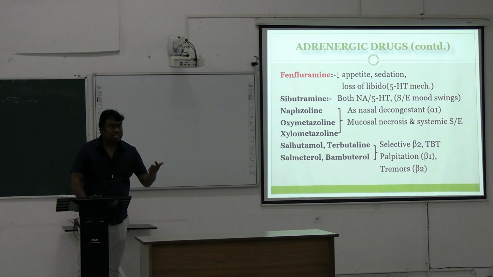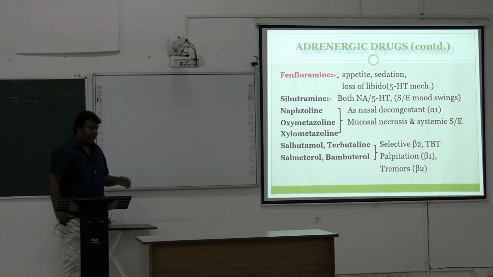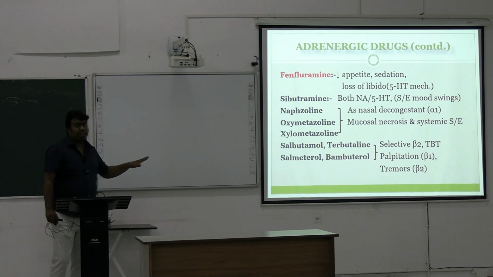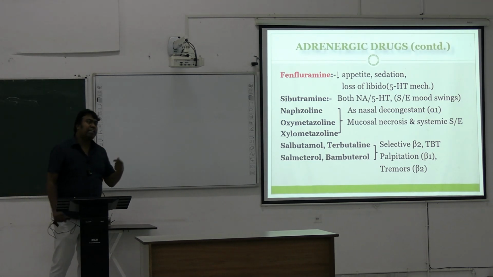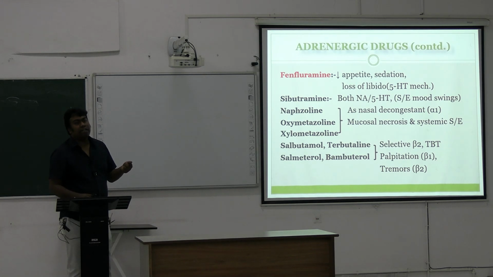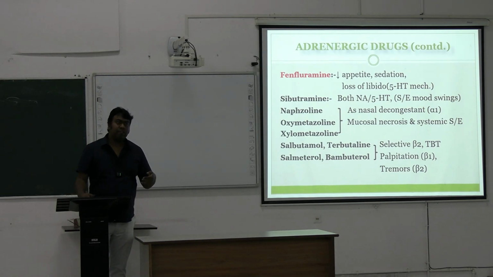So that can relieve nasal stuffiness. Nasal blockage can be counteracted by the alpha 1 receptor agonist, which can act in the nasal mucosa, namely oxymetazoline, xylometazoline group of drugs. Here these drugs are primarily used as a nasal spray or nasal drop. So this action is local.